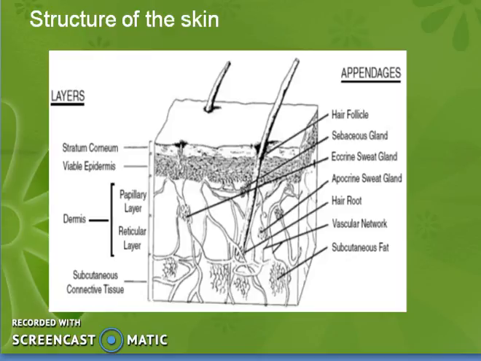Now, coming to the various aspects of transdermal penetration of a drug, we should know the structure of the skin.